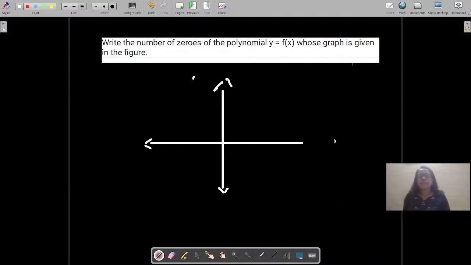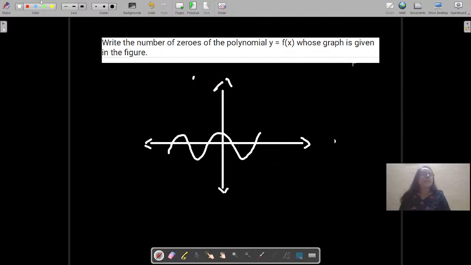Now we'll draw. Suppose you are getting a polynomial, and the graph is like this. Can you find out how many zeros are in this graph? How many zeros will be there?